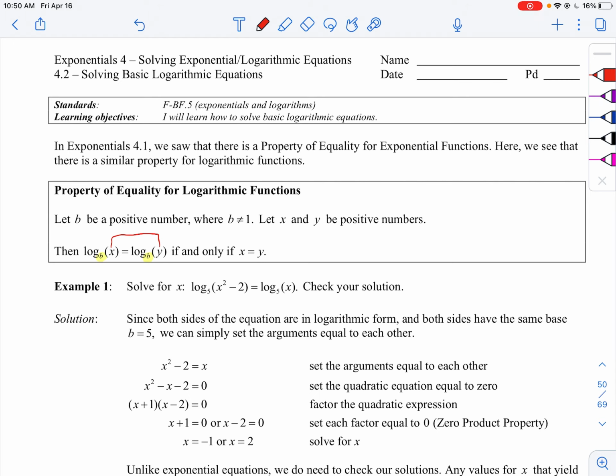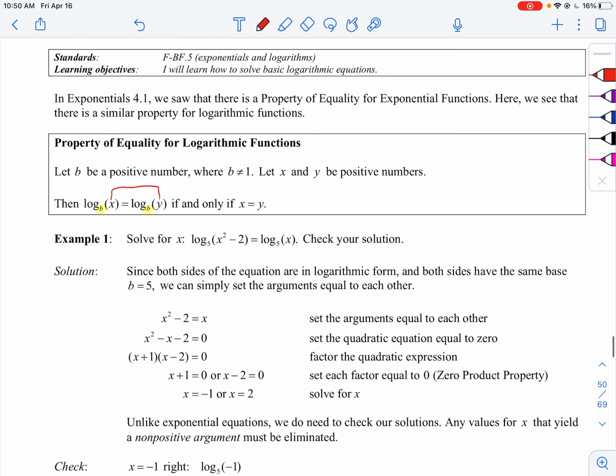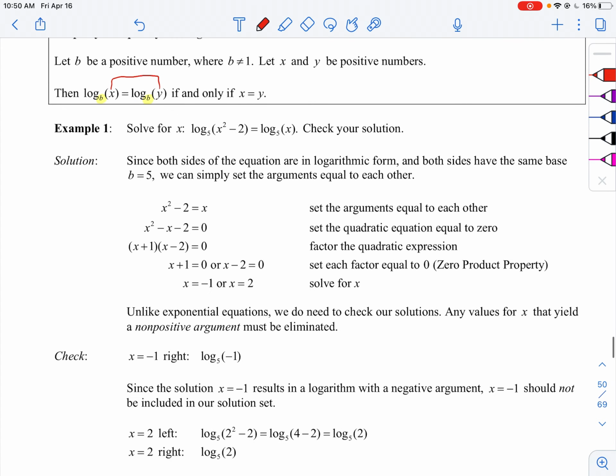Now, before I move on to an example, I need to make sure that we understand something here. Unlike exponential equations, we do need to check our solutions. Any values for x that yield a non-positive argument must be eliminated, okay?